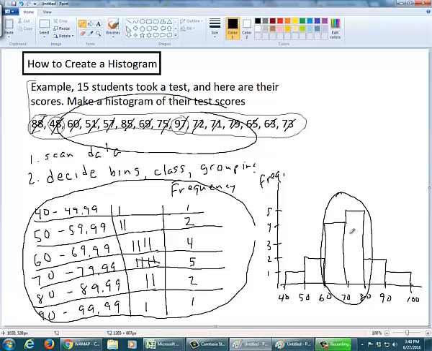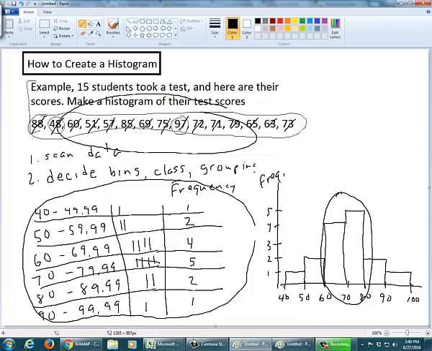I can also tell that by the heights, the number of students in each group. And so it's a nice visual way to show the distribution of the test scores in this case. Histograms are probably the most commonly used way to describe a distribution of a quantitative variable.